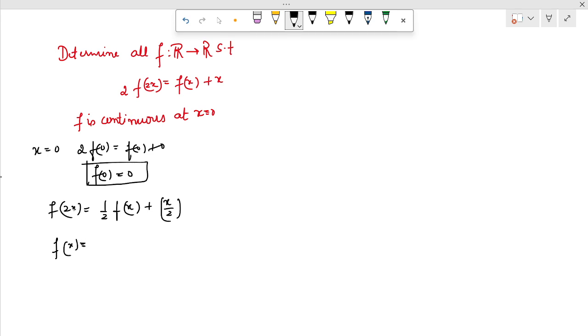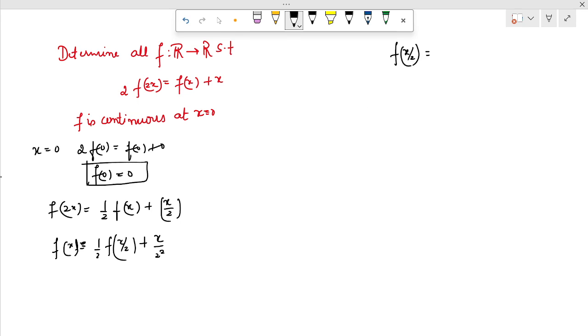So what is f of x then? f of x is simply replacing x by x by 2 here. So it is 1 upon 2 f of x by 2 plus x upon 2 square. Now what is f of x by 2?